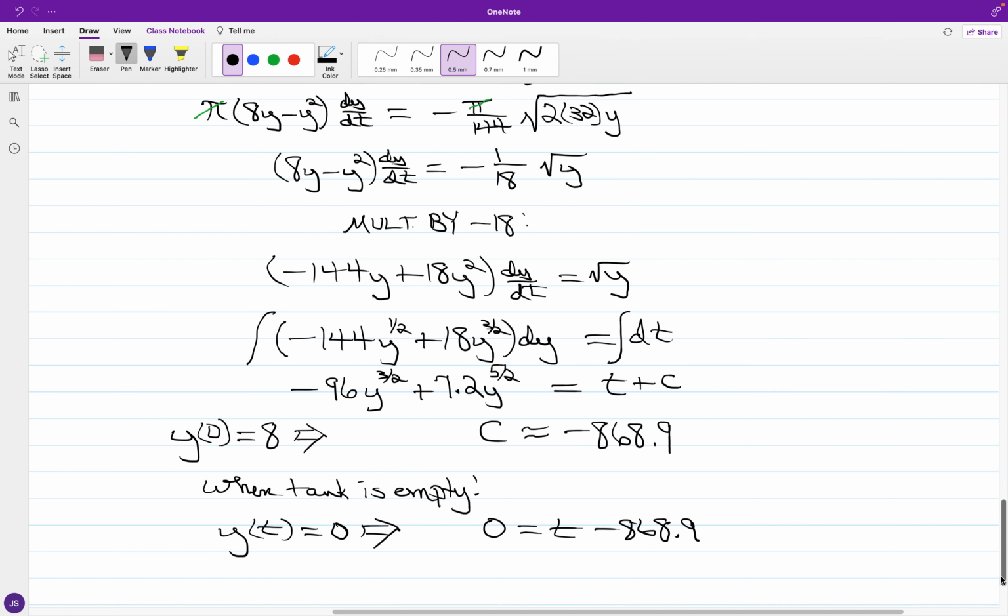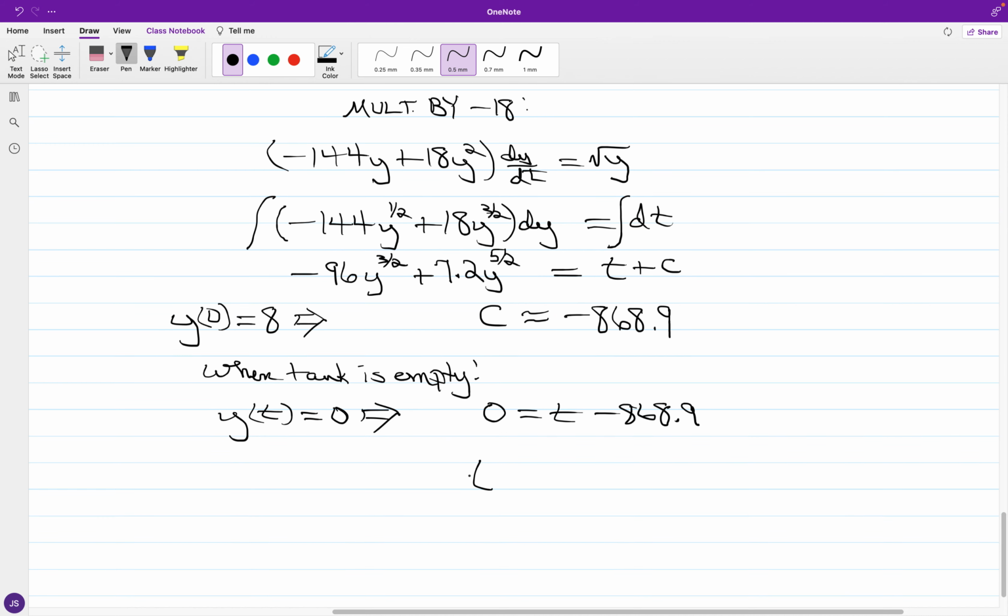And isolating t, for the outcome we have 868.9 seconds. And if I translate in terms of minutes and seconds, this will be right at 14 minutes and 29 seconds.